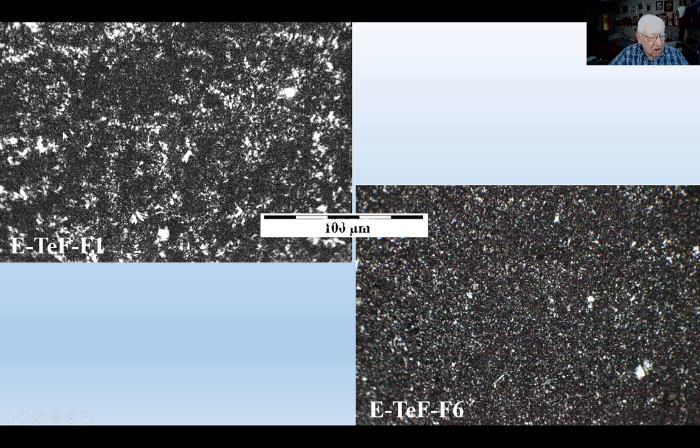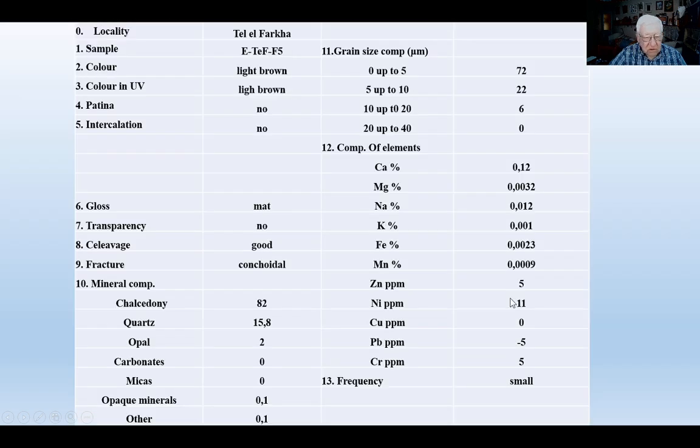These structures are connected with the primary biological structures of sponge, mineralized later by chalcedony and a small amount of opal. And at Tel el Farkha, flint number 6 is very homogeneous, very good for knapping, and composed mostly of fine quartz of chalcedony.